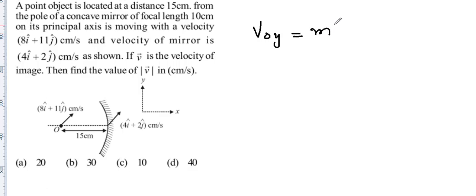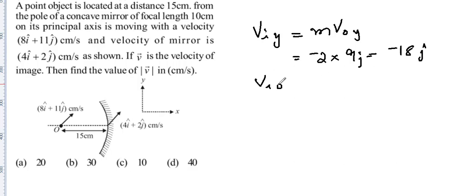Now the velocity of the image in the y direction is m into the velocity of the object in the y direction, where m is equal to minus 2. The velocity of the object in the y direction was 9j, so that's minus 18j.